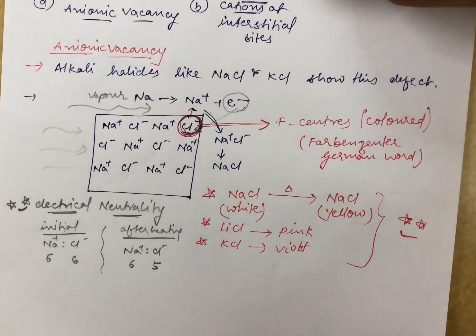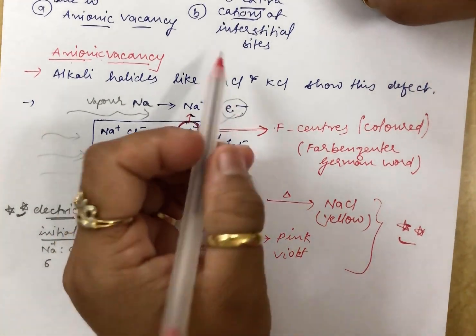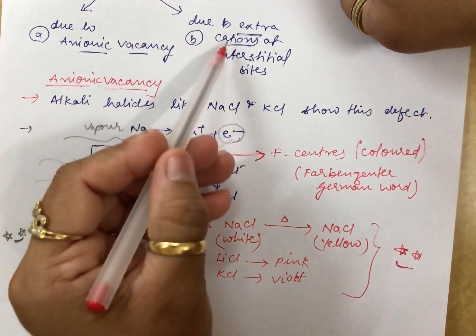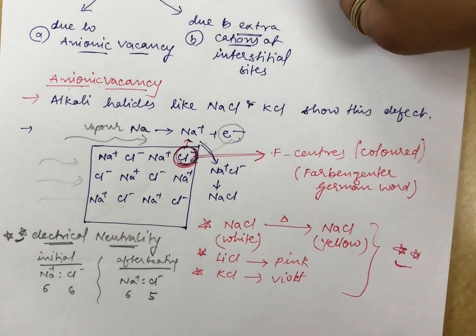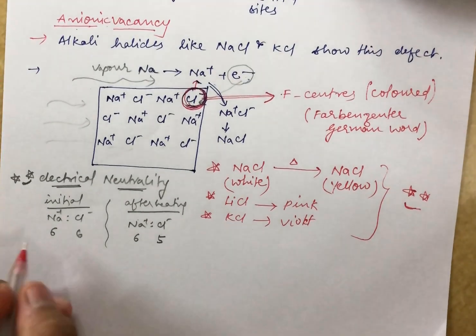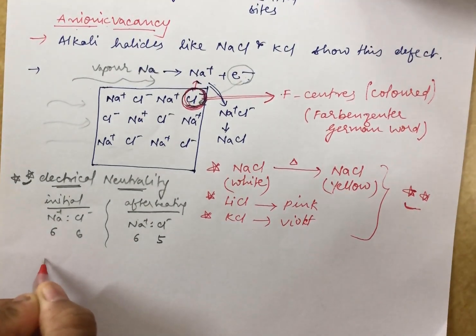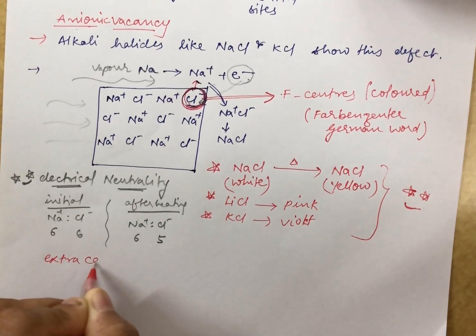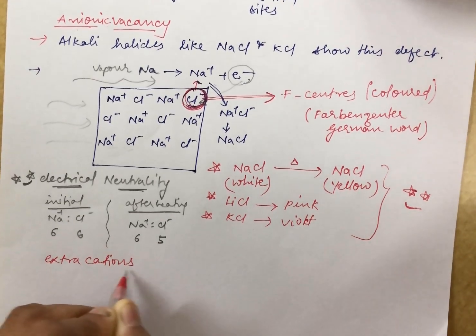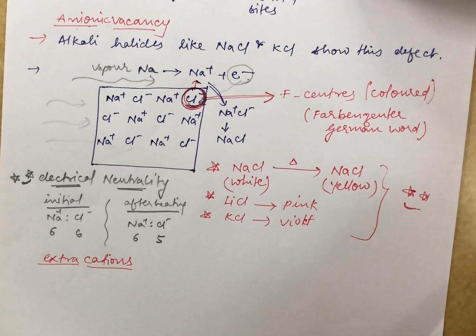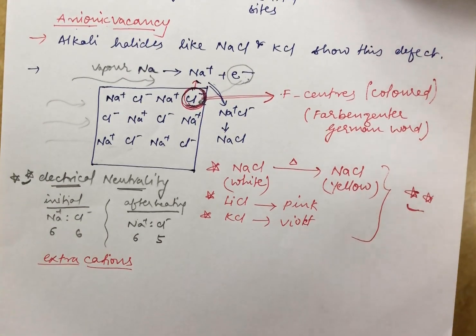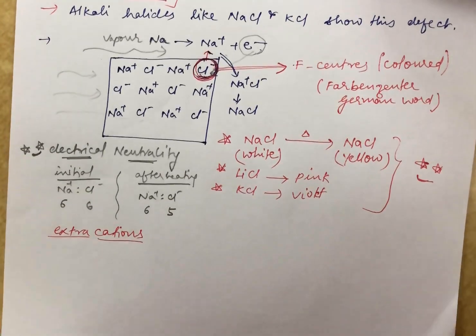So that was all about your anionic vacancy. Let us next talk about the second point, that is, metal excess defect can also be created due to extra cations. Fine. So the second one is extra cations. Now students, let me explain this through an example.